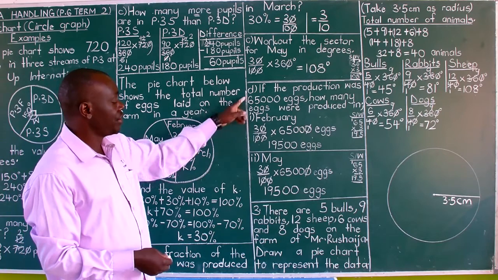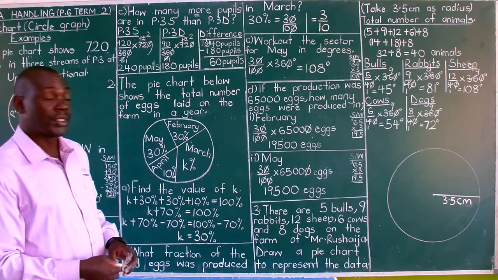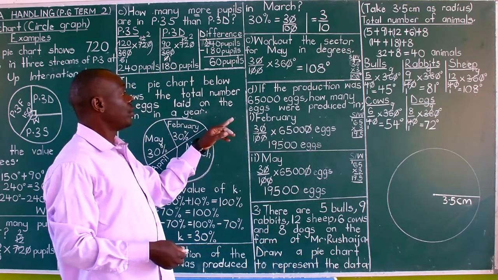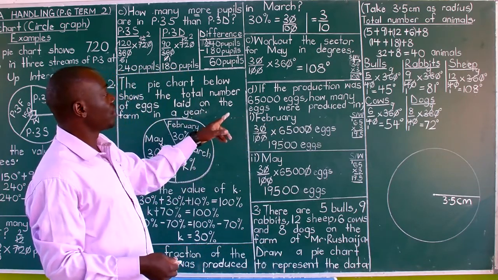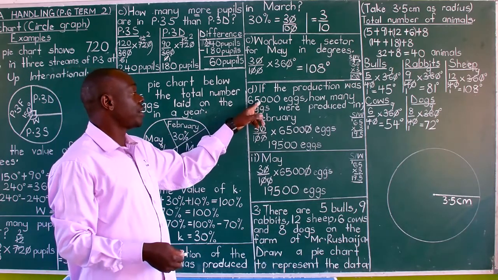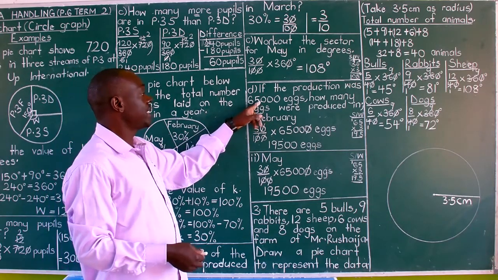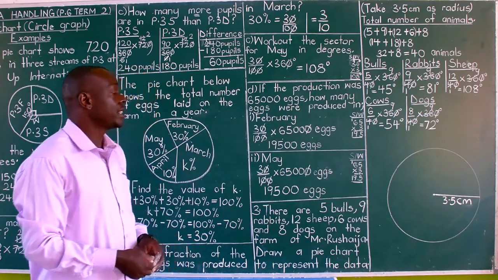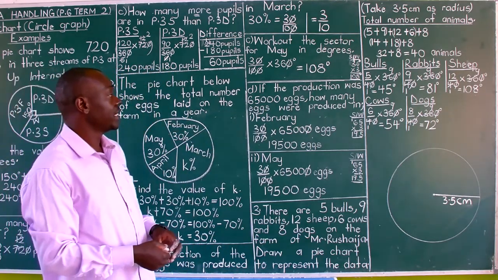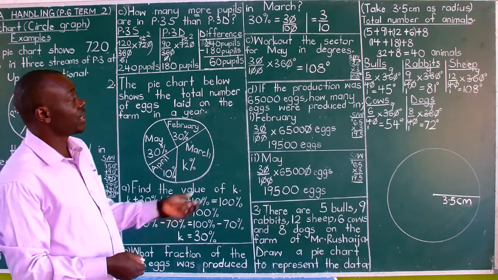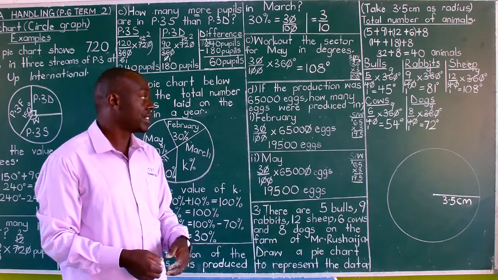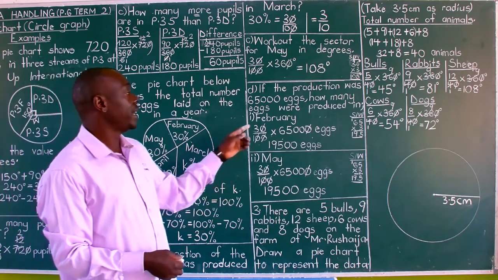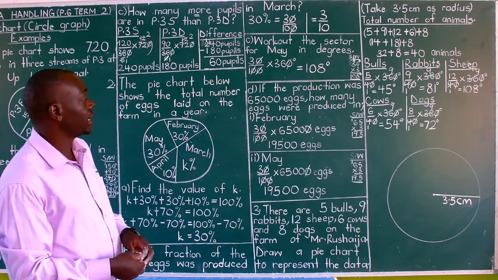As we go to part D, it reads: if the production of the eggs in total was 65,000 eggs, how many eggs were produced in February? If the total production was 65,000 eggs for all the months shown, how many eggs were produced in February?